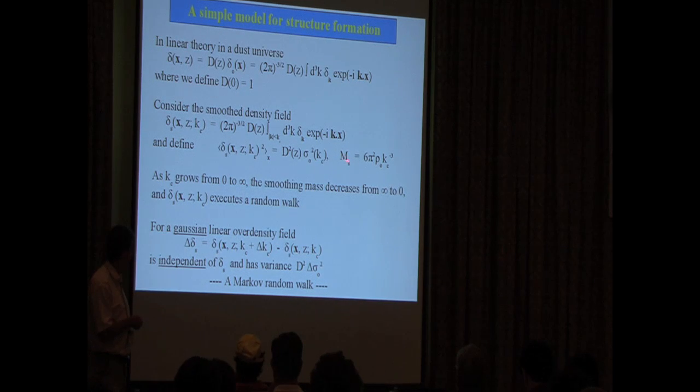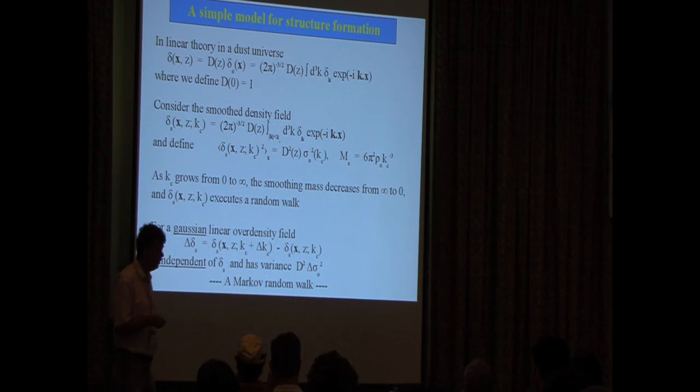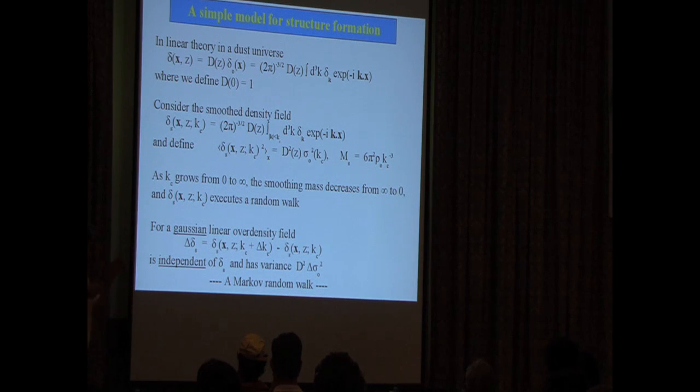And so then you can relate that to a mass. The wave number is 1 over a length. So actually, if you make the filter corresponding to this sharp cutoff, this is the mass enclosed by that filter. This is a characteristic mass scale associated with this cutoff. So let's imagine what happens. Now let's go to a particular position and ask what happens.